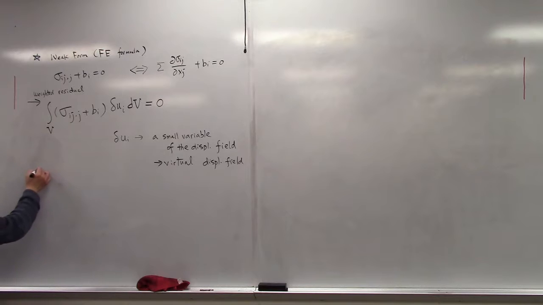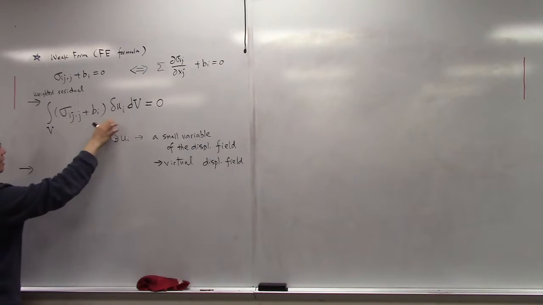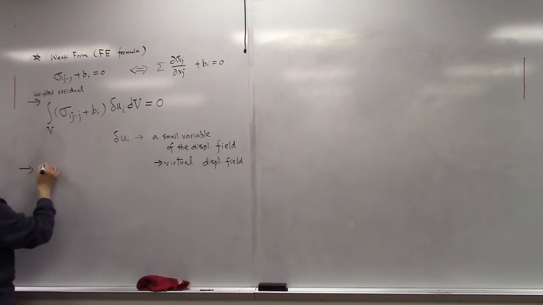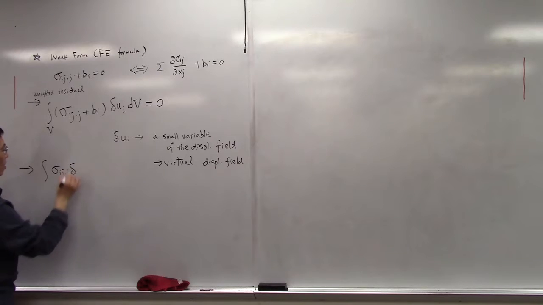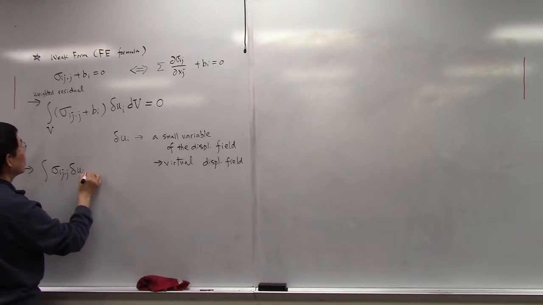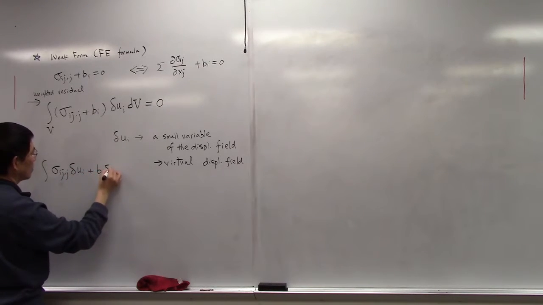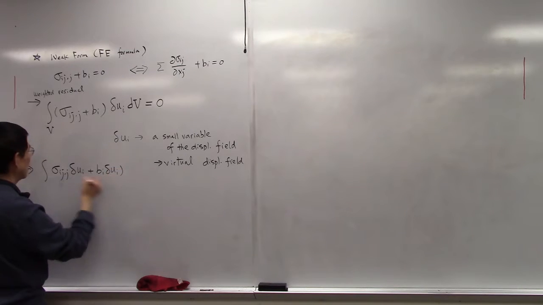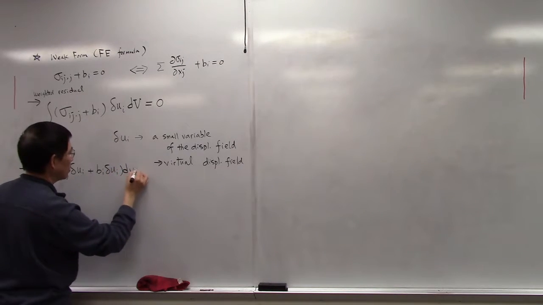Let's then expand that. So this times that, of course, we can write it as sigma ij comma j delta ui plus bi delta ui, and then dV equals 0.